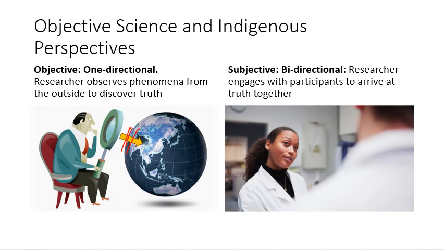Subjective research and much qualitative research, some qualitative research, is bidirectional. The researcher engages with participants to arrive at truth together. And so we don't have the researcher putting a lens on this individual. We have the researcher engaging with the individual they're studying, and the individual they're studying informing the researcher.